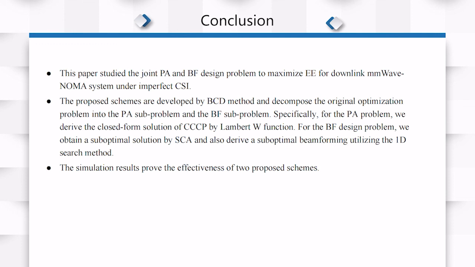Specifically, for the power allocation problem, we derive the closed-form solution of CCCP by the Lambert W function. For the beamforming design problem, we obtain a suboptimal solution by SCA, and also derive a suboptimal beamforming utilizing the one-dimensional search method, which has lower complexity.